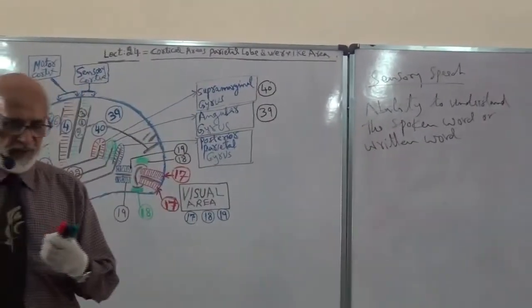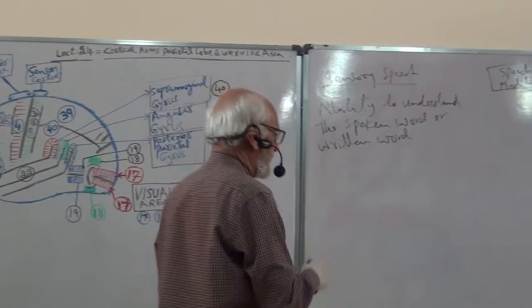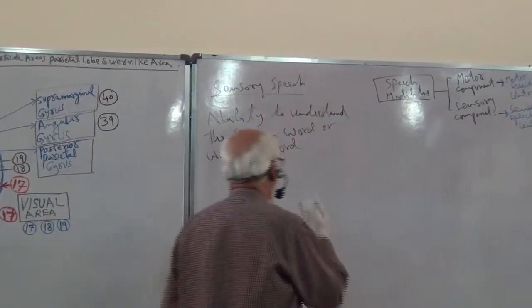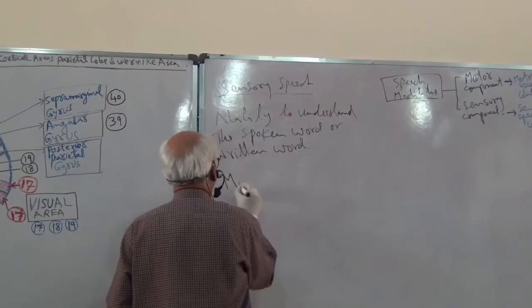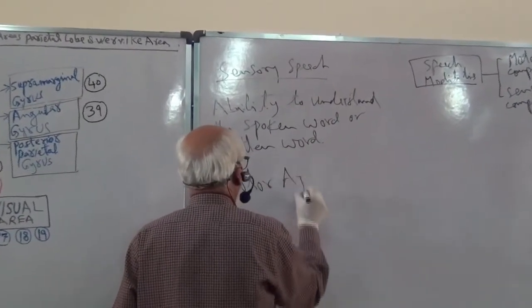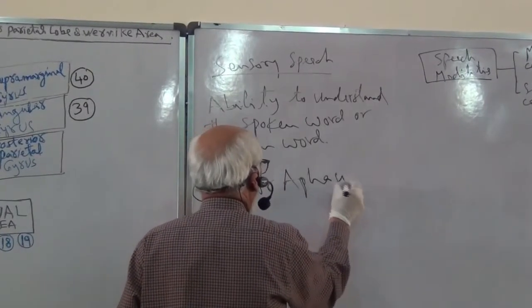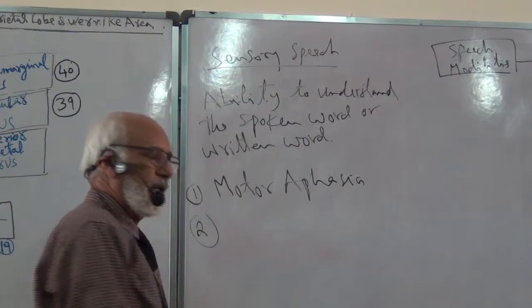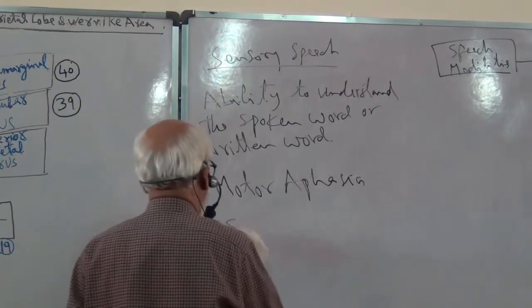So if there is loss of the motor part, that is Broca's area damage, it will result in motor aphasia. And when the sensory center is damaged, it will result in sensory aphasia.